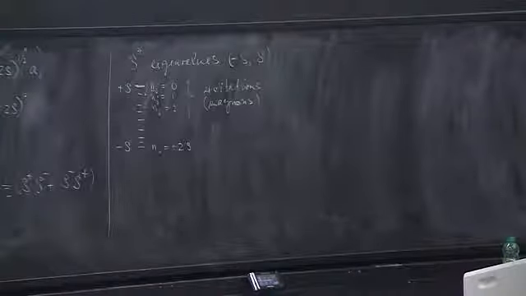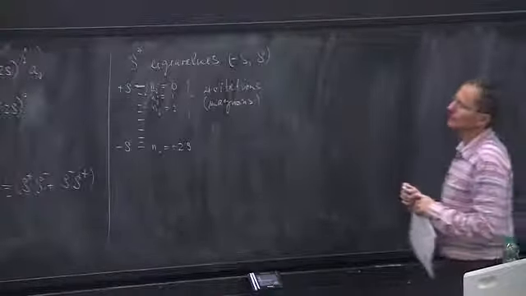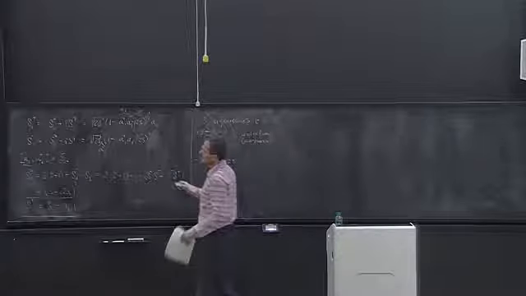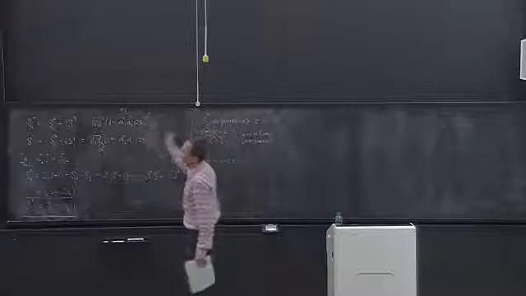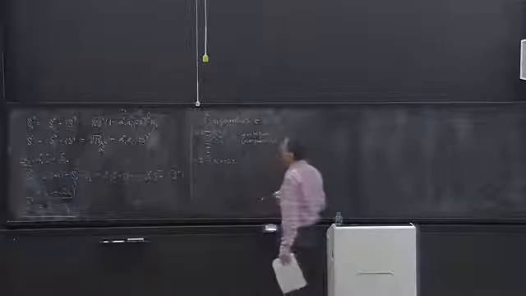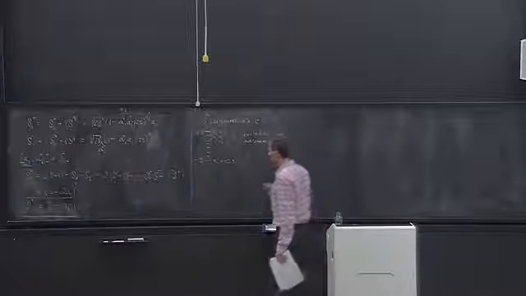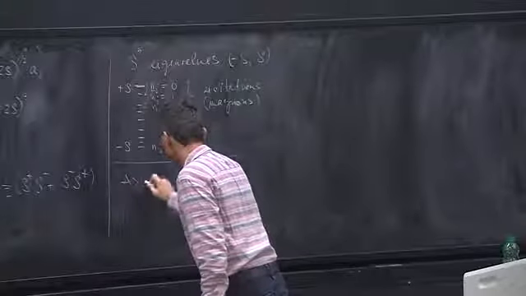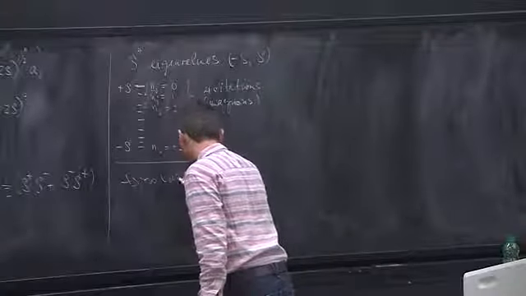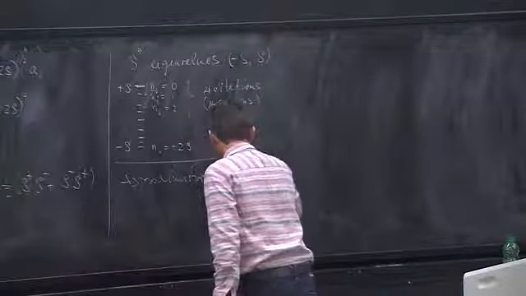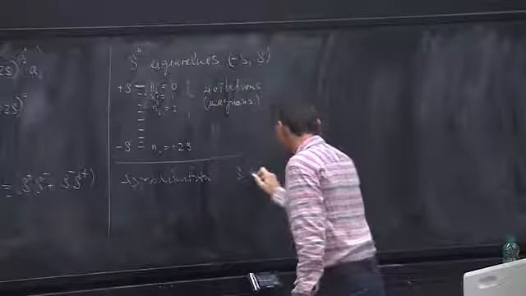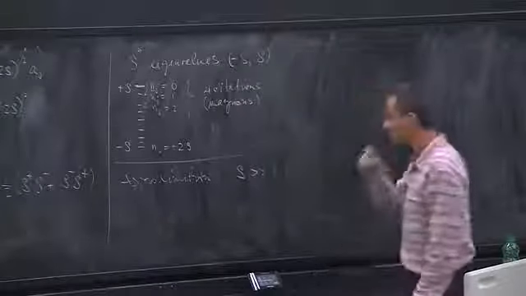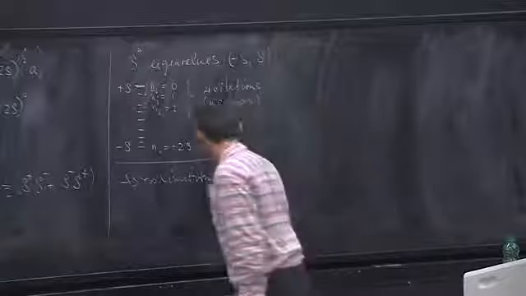So the approximation that we need to make to make progress on this Hamiltonian is that of large spin S. We take S to be much larger than 1.